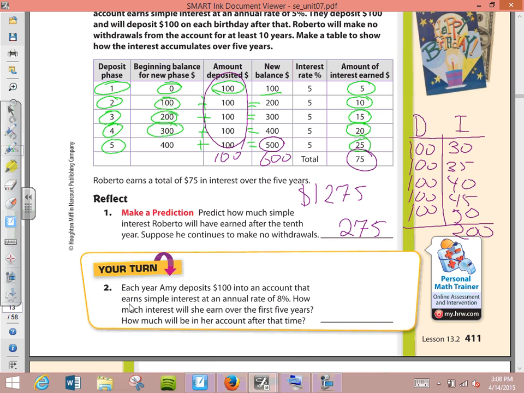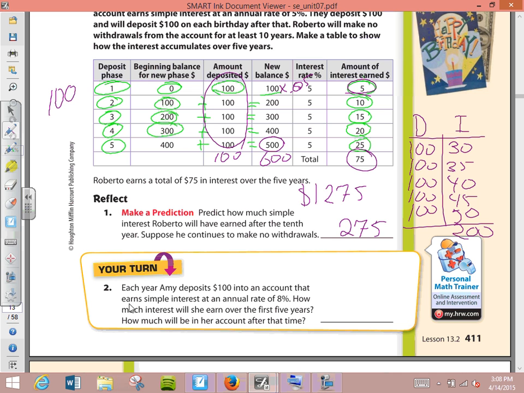Okay, so let me explain how this works first before I send you on your way. To get the amount earned right here, you have to multiply the balance times the rate in decimal form. 0.05, right?